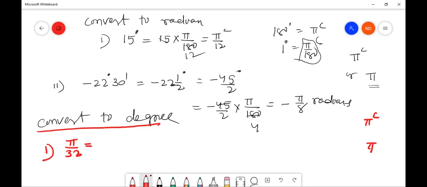1 radian equals what? 180 by pi degrees. So to convert this, pi upon 32 into 180 by pi. You have to multiply by 180 by pi. So you will be getting pi cancelled, 180 by 32.